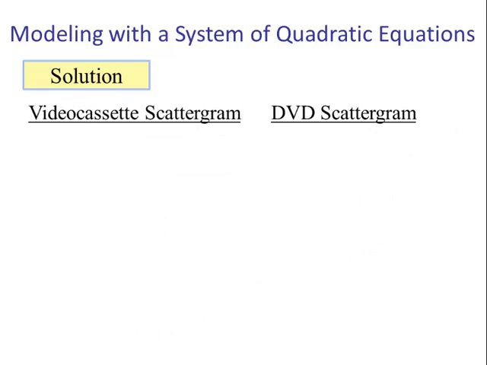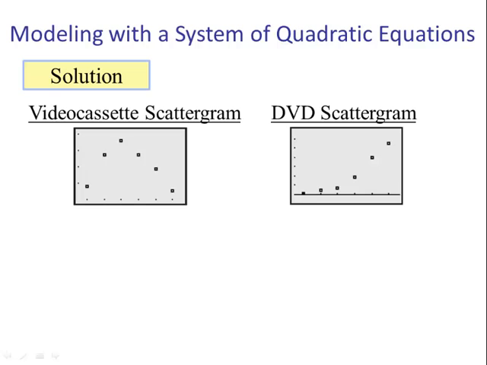Solution: the scattergram for the video cassette is here. So we saw the trend in the table increasing up to a point and then decreasing. For the DVD, it started out very low, but then once DVD started to catch on, it increased at a faster and faster rate.